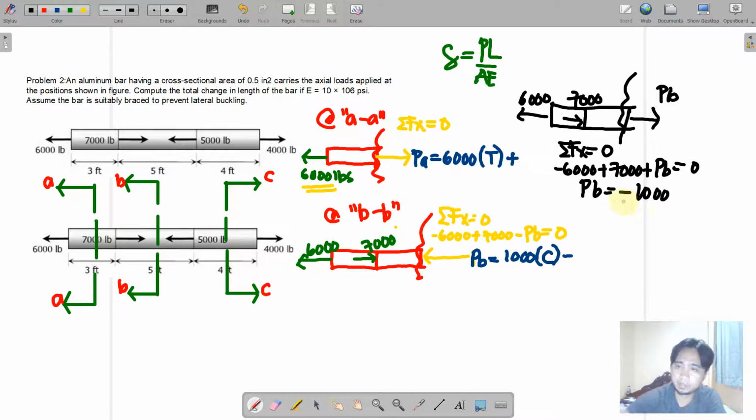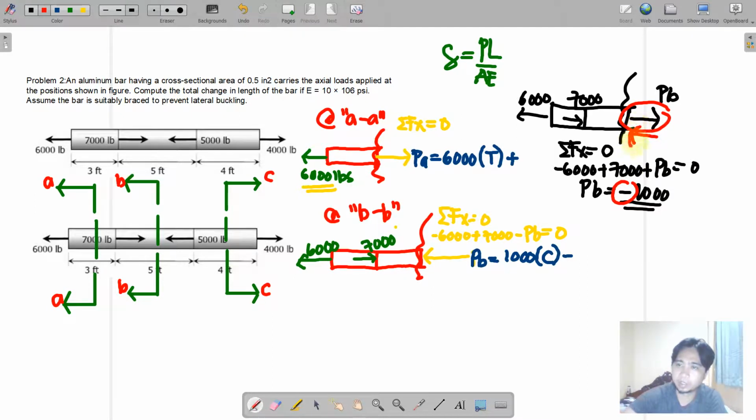So what is the meaning of negative? It is assumed incorrectly, so we need to correct that one. Correcting that, we'll just have to reverse the assumption we had, because in our equation it was incorrectly assumed. Just remember that if we have a negative sign, we have just assumed a wrong direction and we have to correct that.